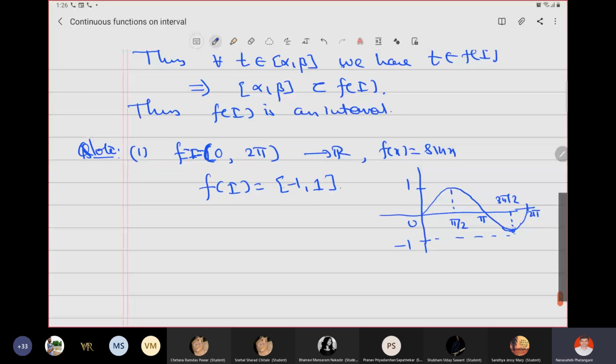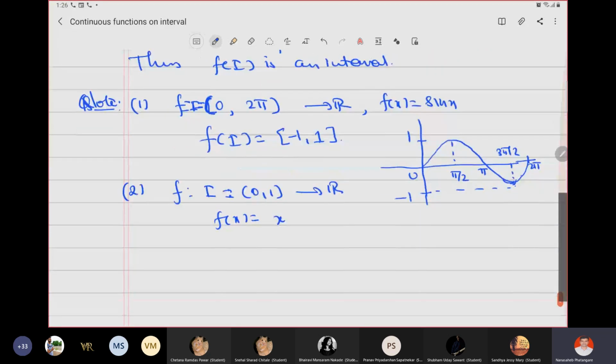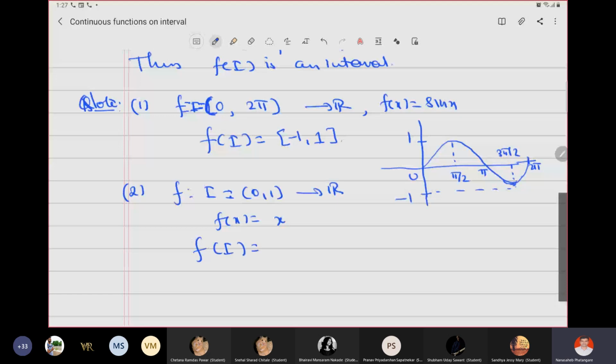So sometimes it may happen that, look at another function. If I define a function on the open interval 0 to 1 to R, f of x is equal to x, then what is f of I? What is the range? The open interval 0 to 1. Right.